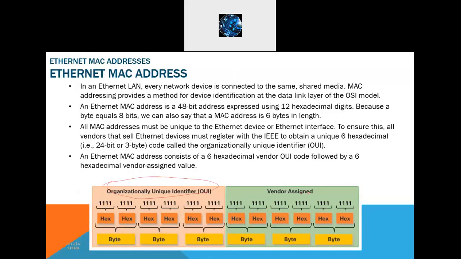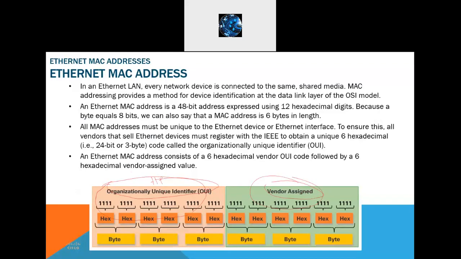And the last 24 bits will represent the one that belongs to your computer specifically. So if you get a network card from HP, and let's say you have 1,000 cards from HP, the first 24 bits will be the same, but the remaining 24 bits will be different.